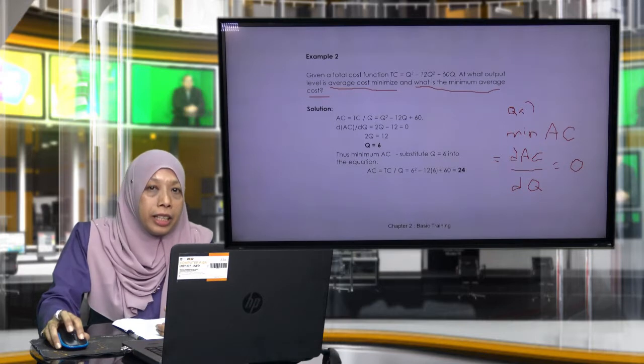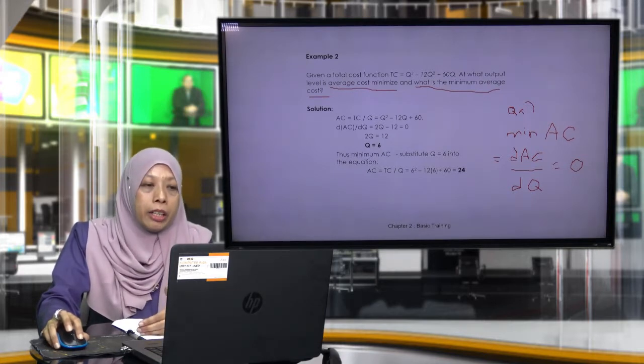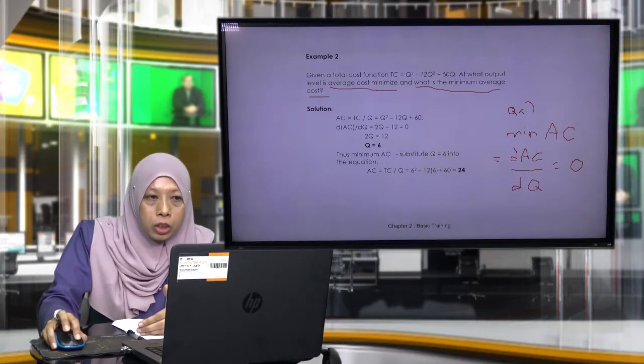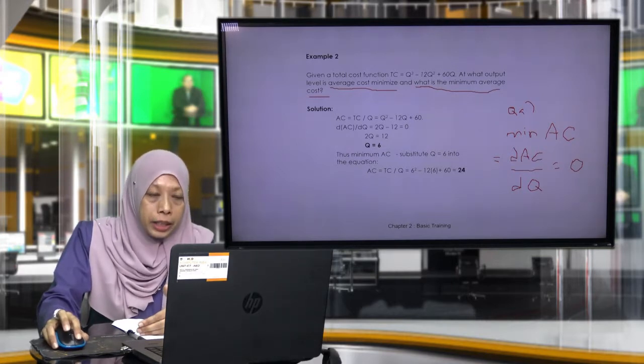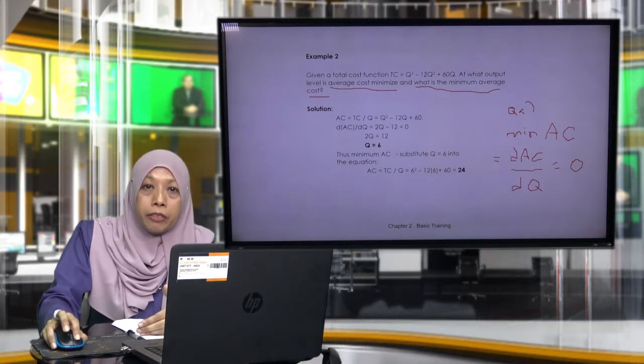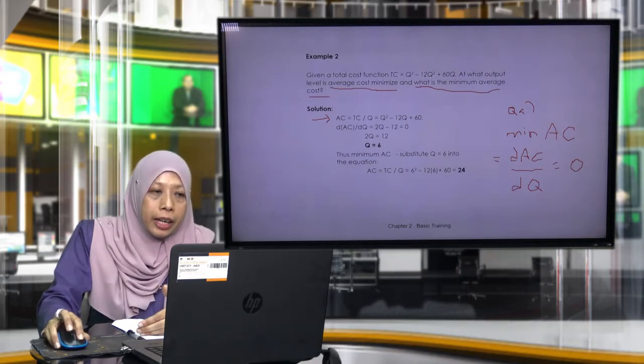Average cost is total cost divided by Q. So if you want to find the average cost function, you have to divide the total cost function by Q. You have to divide each sub-function by Q. So Q to the power of 3 divided by Q gives you Q squared, minus 12Q squared divided by Q gives you 12Q, plus 60Q divided by Q gives you 60. So this is your average cost function.